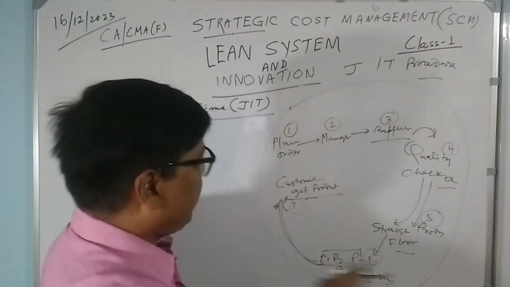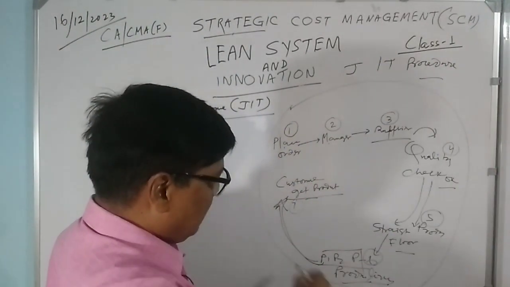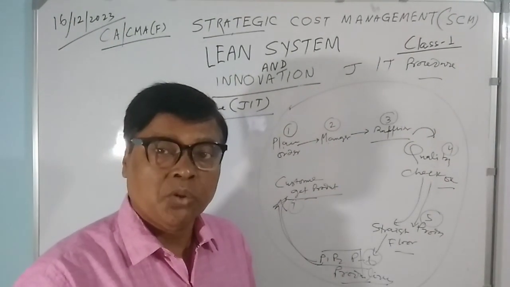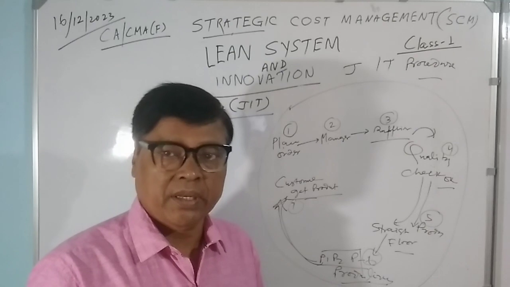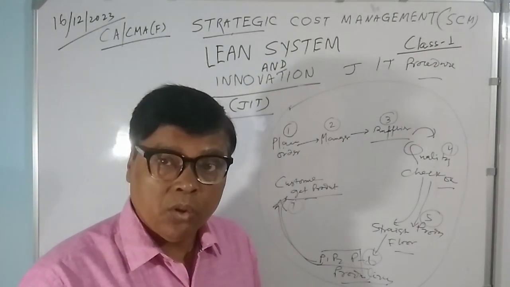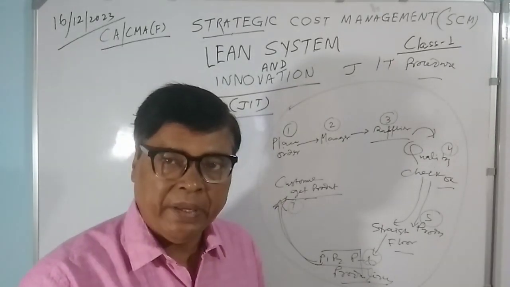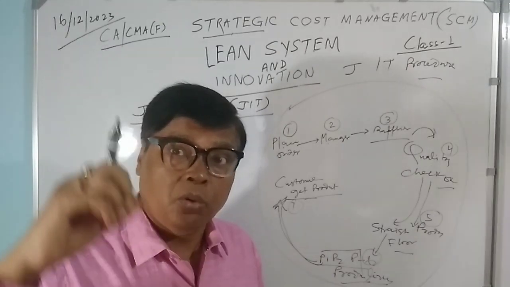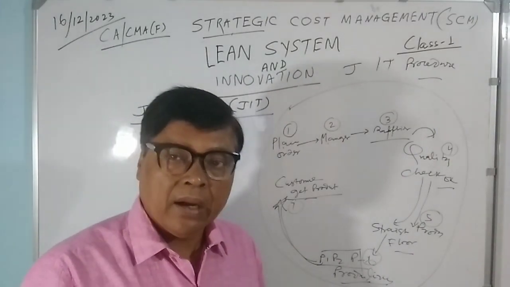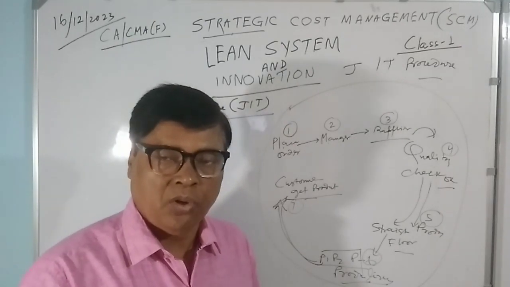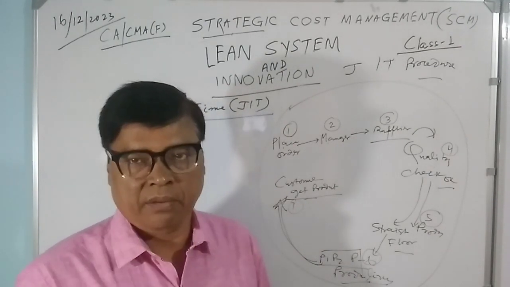See, this chain, this flow cycle, continues in such a way that your production process wastage should be minimum, and you will get the competitive advantage in respect of cost compared with your competitors.